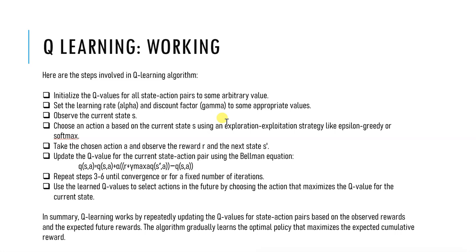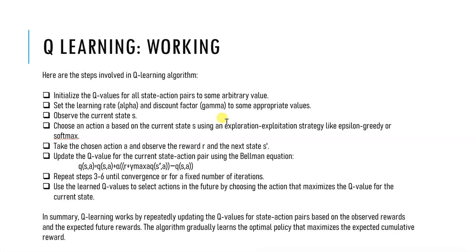And then after that we will observe the current state S, and we will choose an action A based on the current state S and the exploration strategy, that is epsilon greedy. Now after that we will perform the chosen action A, and we will observe the new state S dash, and also observe the reward.